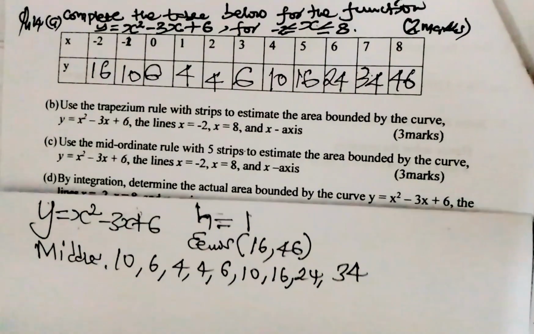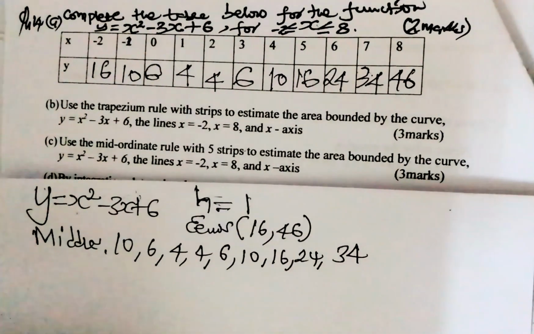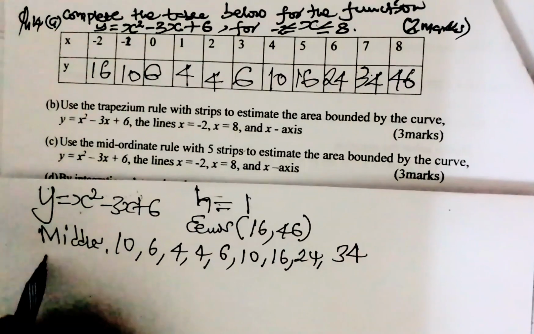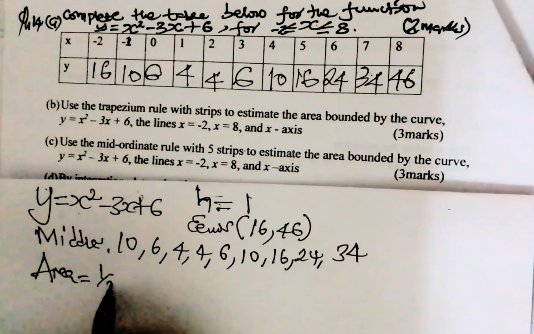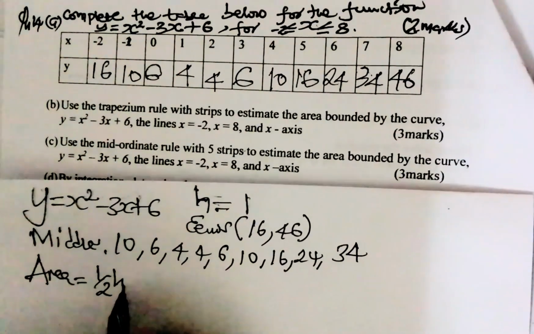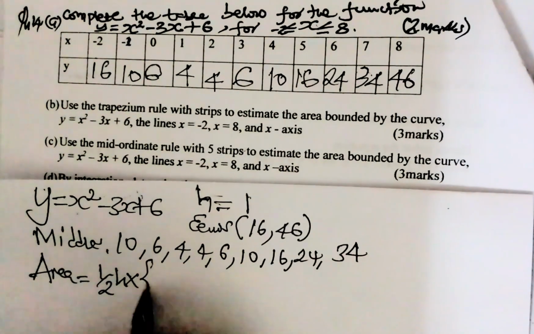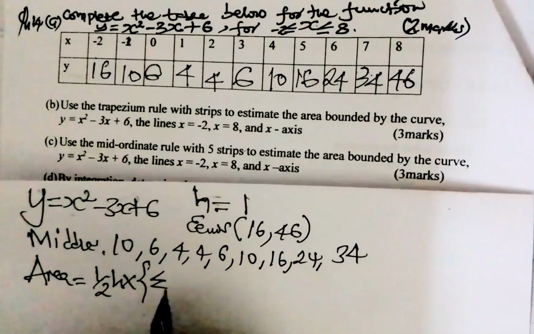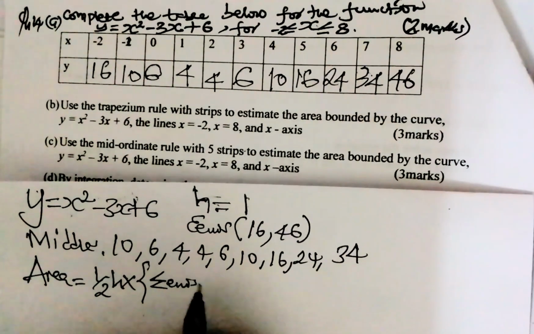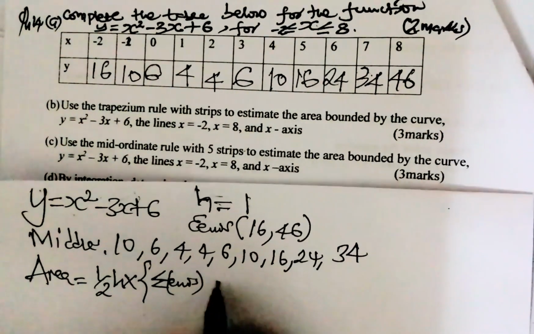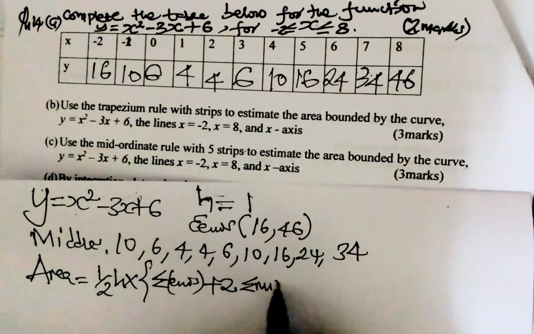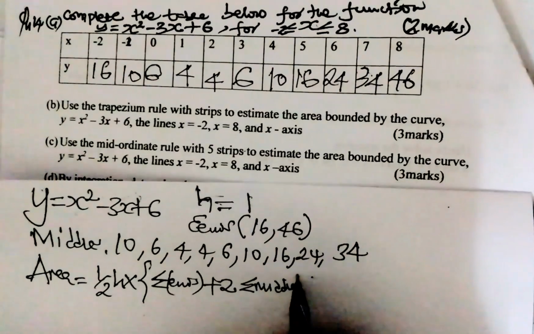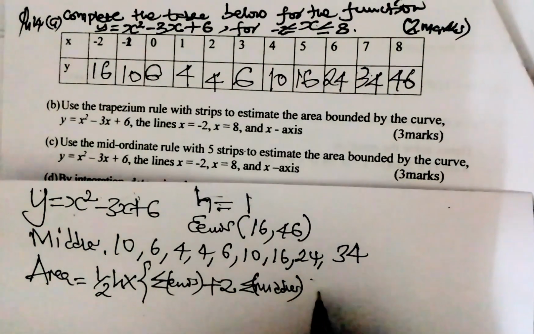So we go to the formula. Area now will be given by half height multiplied by total sum of the ends plus 2 multiplied by the total sum of the middles, like that.